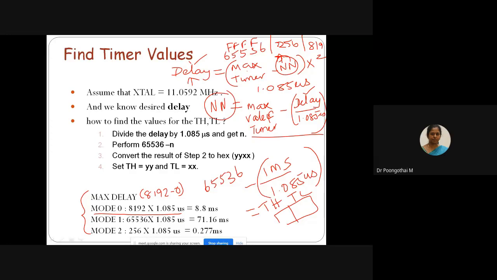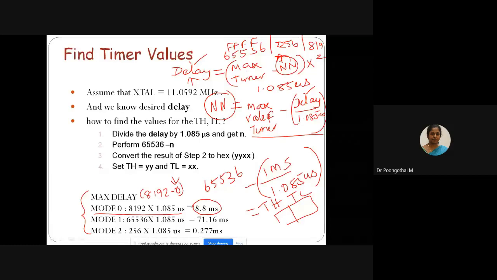So the maximum delay generated by mode 0 is 8.8 millisecond. Okay, so your timer overflow flag would be set in 8.8 millisecond if the initial value is 0.